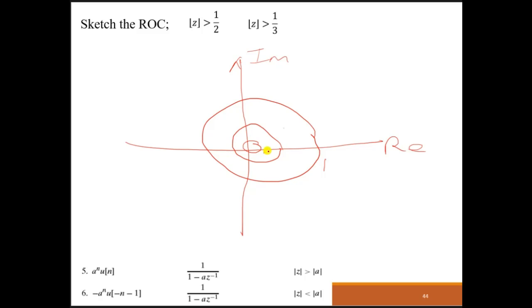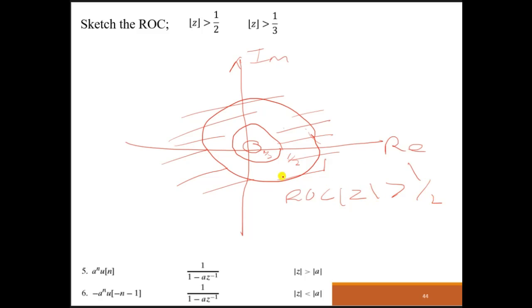So this is 1 over 3, and this is 1 over 2. So it is bigger than 1 over 2, bigger than 1 over 3. The overlapping region is on the outside here, bigger than 1 over 2. So the ROC is as in the question, bigger than 1 over 2. Okay, so that's the shape of the ROC.